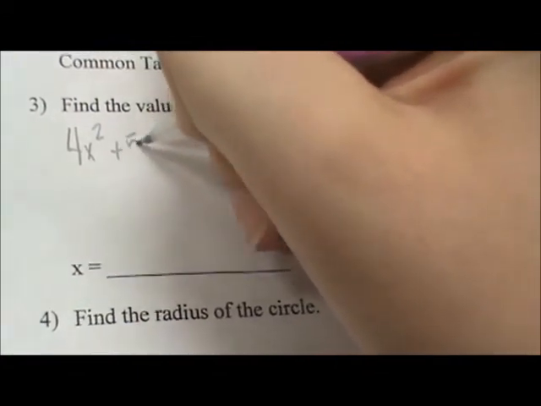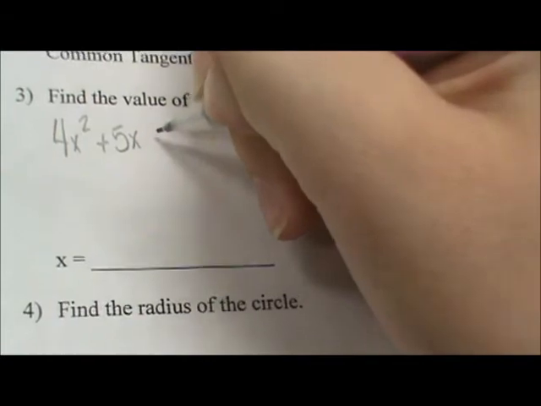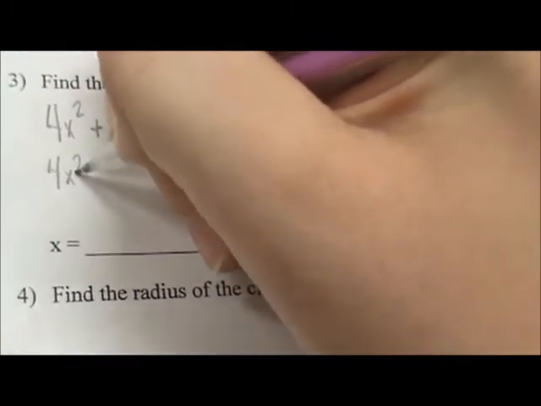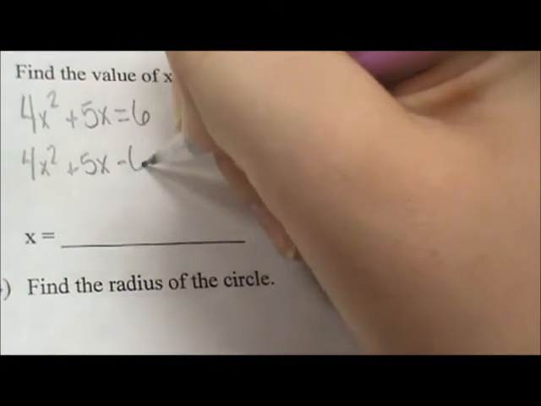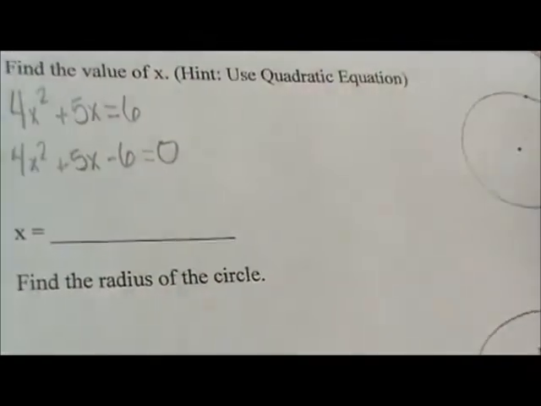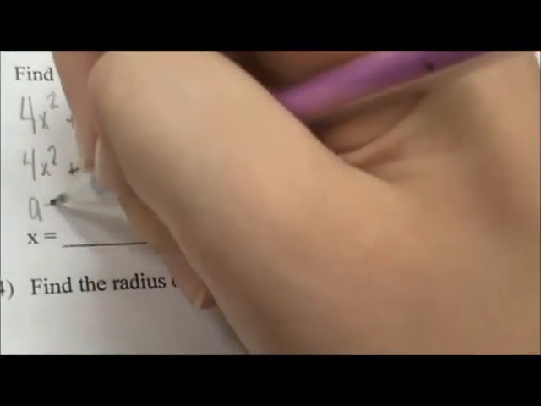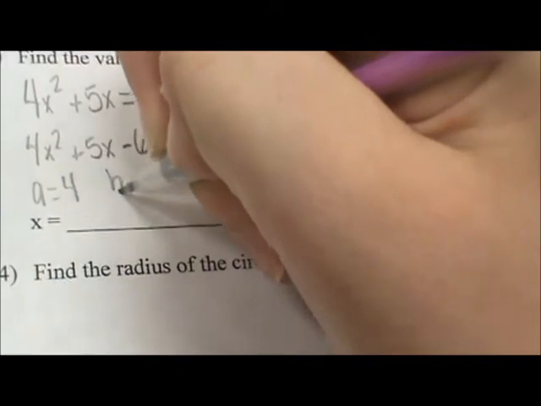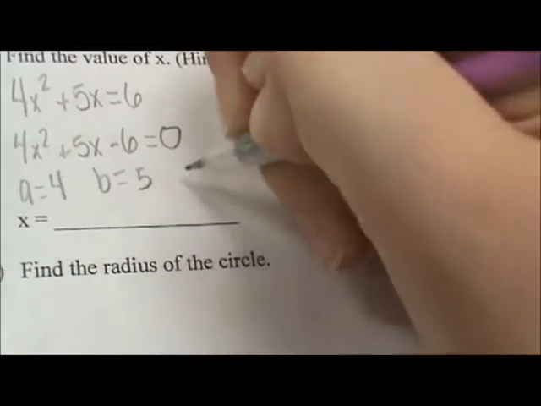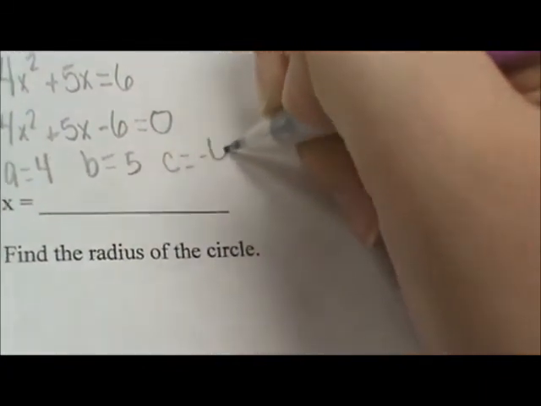Then we need to subtract 6 on both sides, so we get 4x squared plus 5x minus 6 is equal to 0. And then A is equal to 4, B is equal to 5, and C is equal to -6.